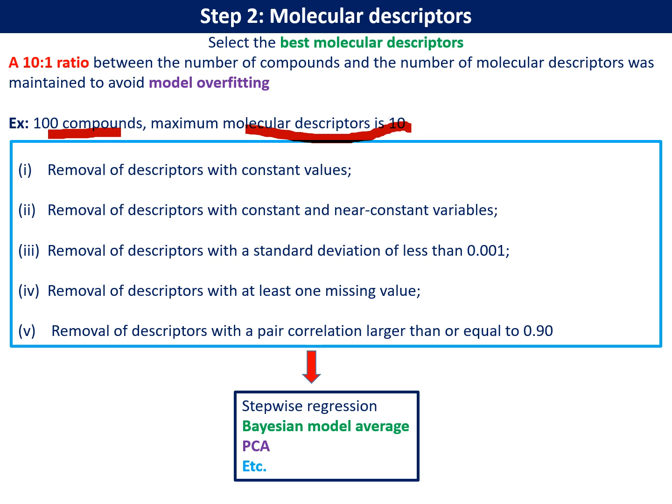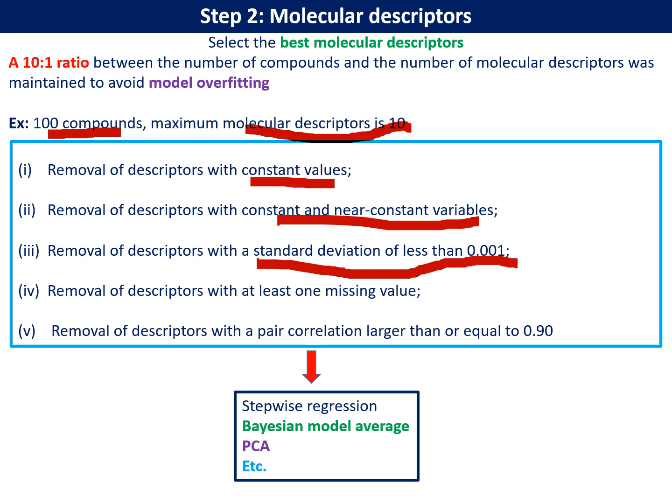First, we need to remove descriptors with constant values, or with a standard deviation less than 1, remove the missing values, and remove pair correlations larger than 90%, because if the descriptors have higher correlation, they distort the result.